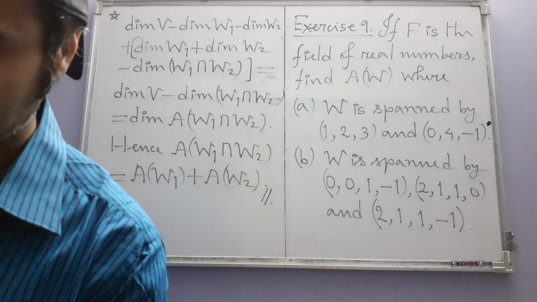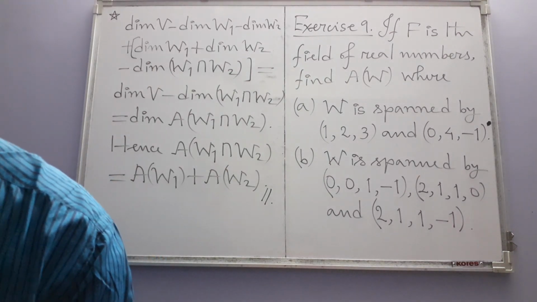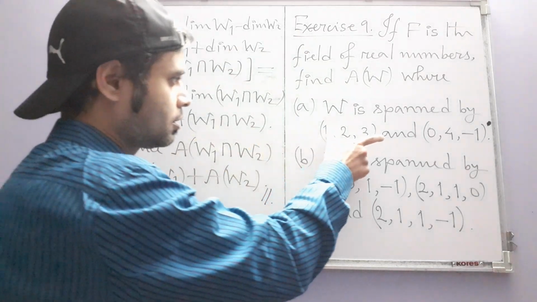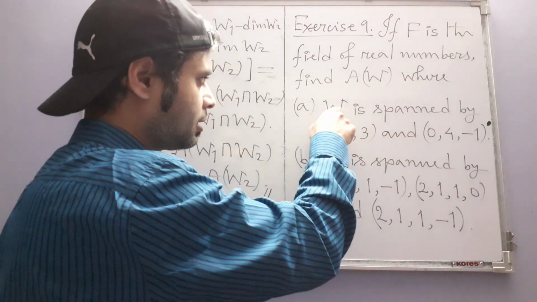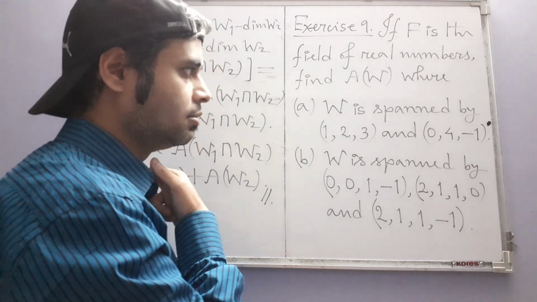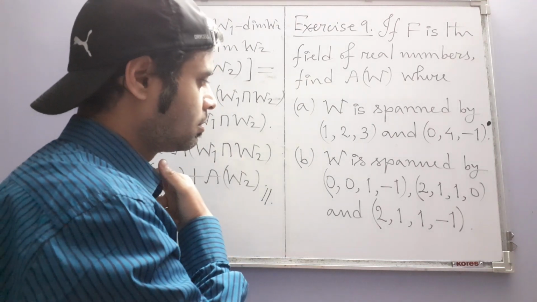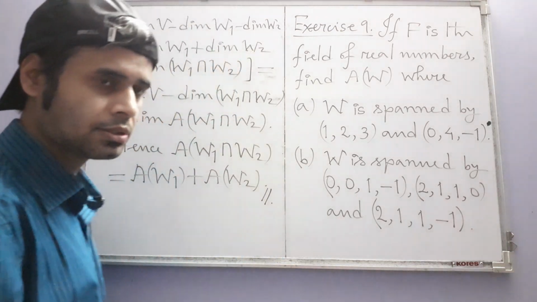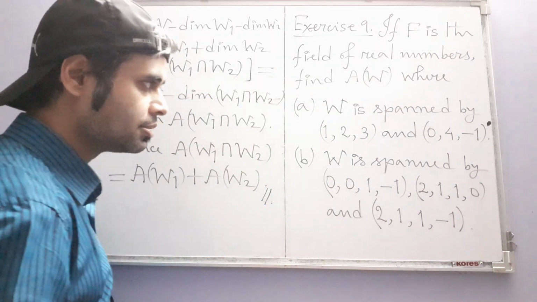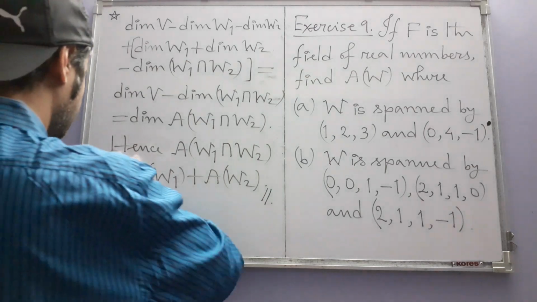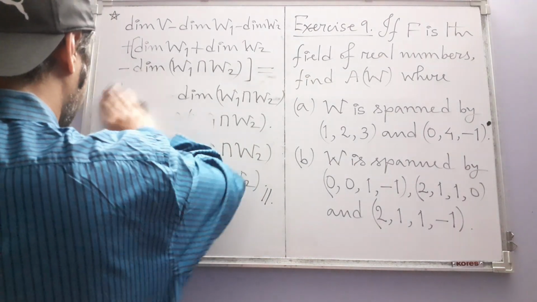Okay, so that means we are given two different vector spaces and two subspaces. Here the vector space in which we are having this subspace W is the vector space R3, and in this one the vector space is the 4D space R4 and the subspace is spanned by these three vectors. For such W's we have to find their annihilators.